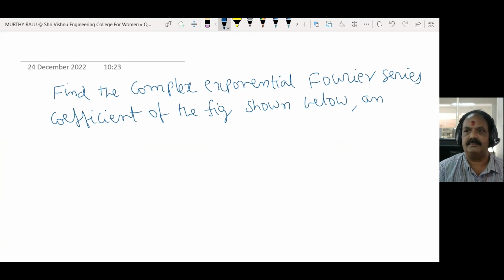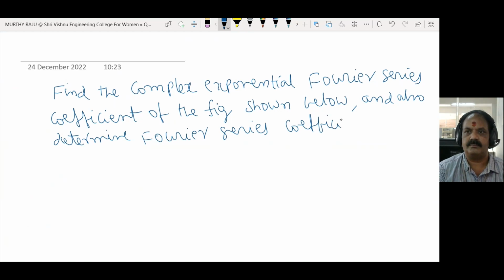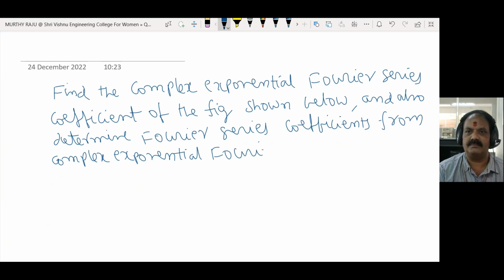And also determine the Fourier series coefficients from the complex exponential Fourier series coefficients.